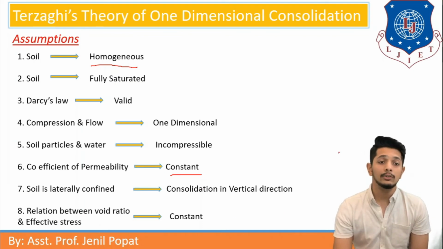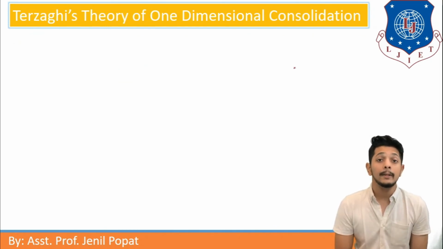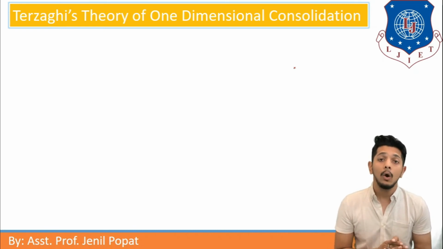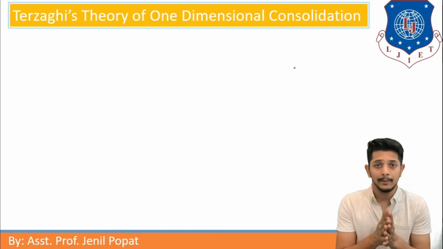Let us move further to the theory. Terzaghi's theory of one-dimensional consolidation. We all know that the rate of settlement of soil and the dissipation of excess pore water pressure are directly related.